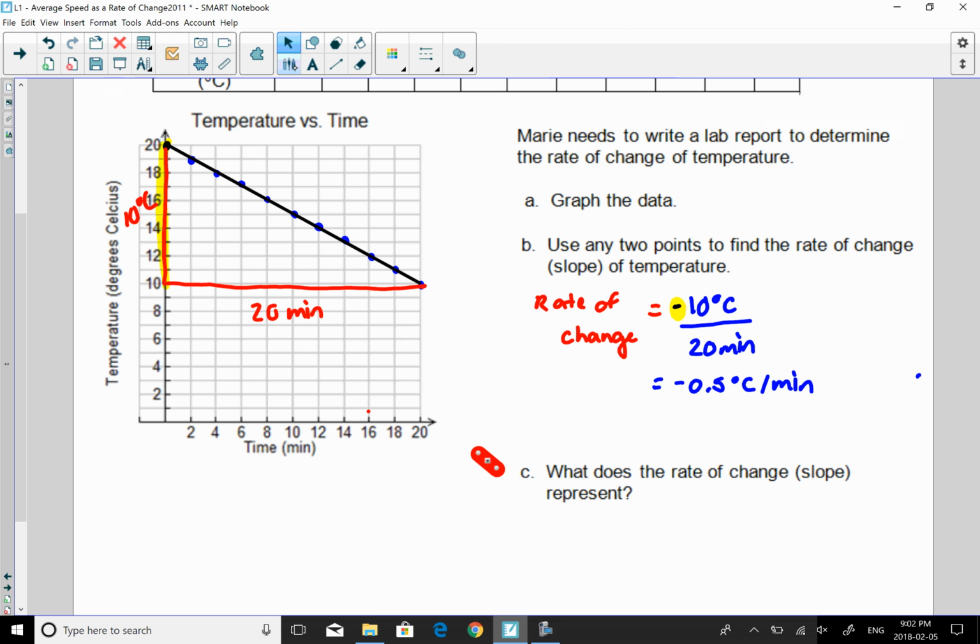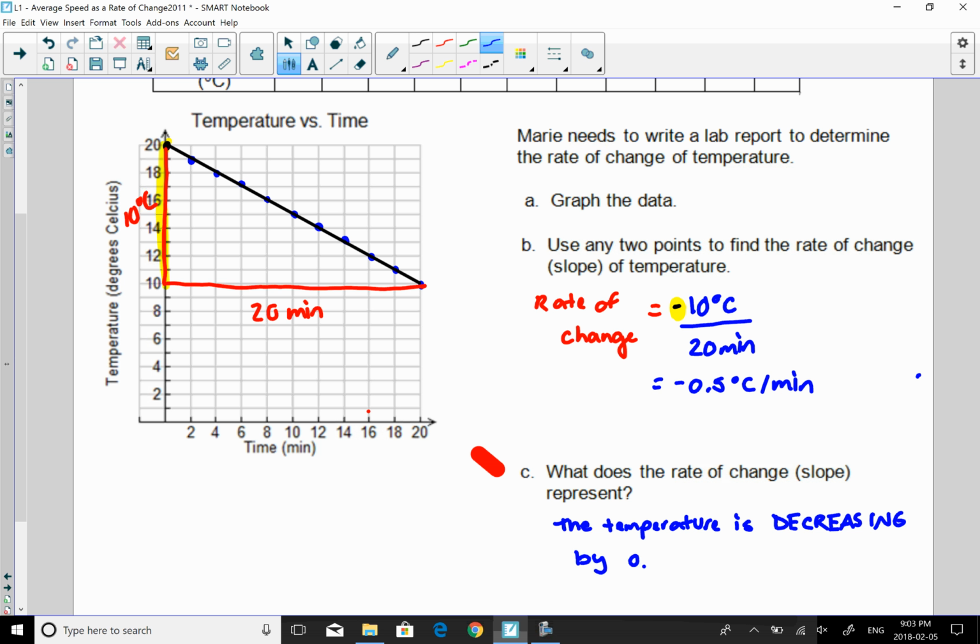So this rate of change represents that the temperature is decreasing by 0.5 degrees Celsius each time.